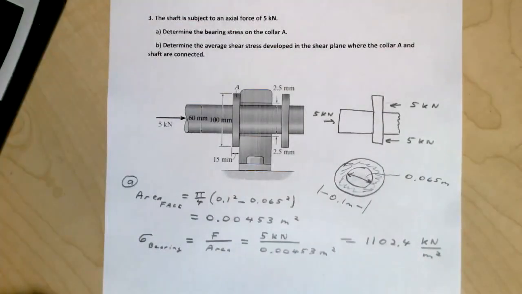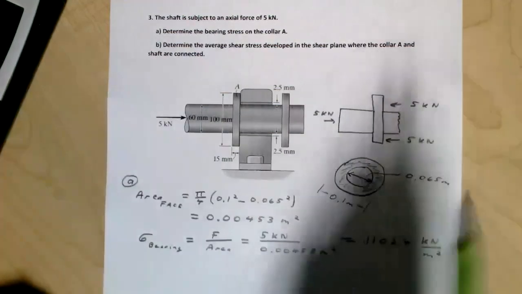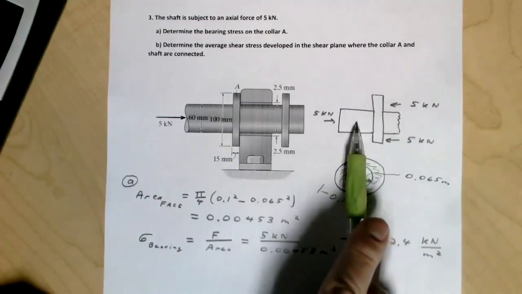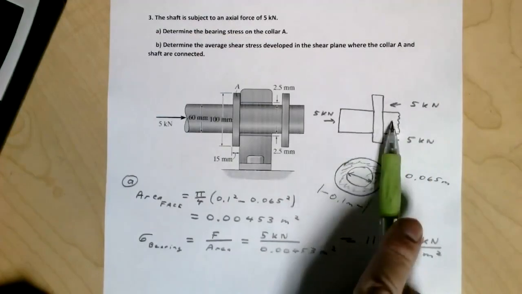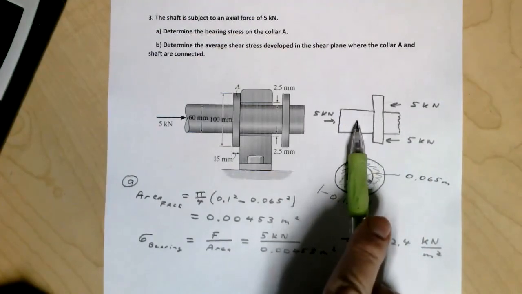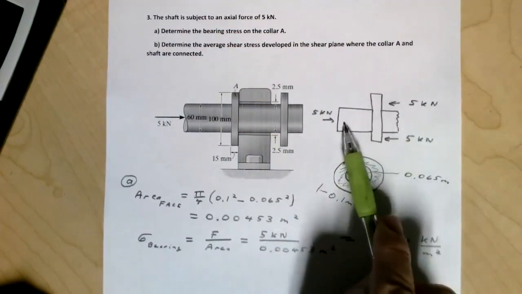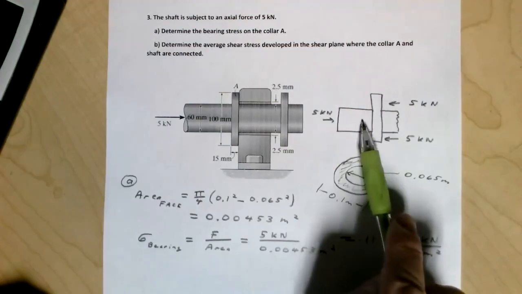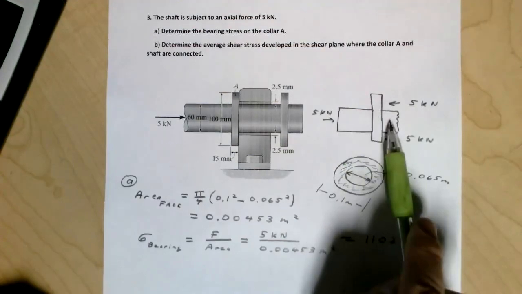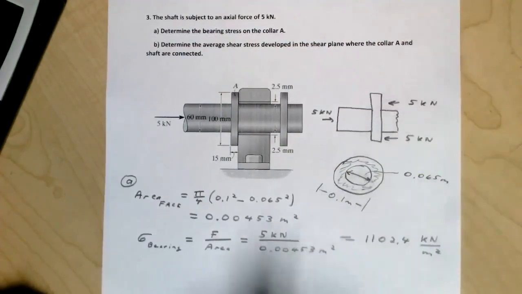Part B wants the shearing stress. So that's going to be like the stress that's generated from this inside trying to be pulled out of the ring. In other words, it's almost like this shaft wants to be ripped out of that ring.